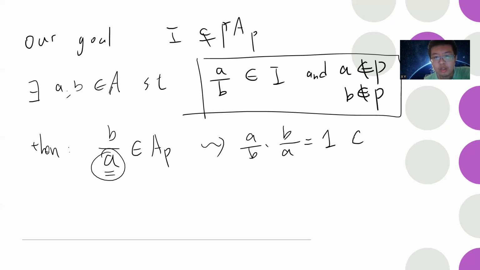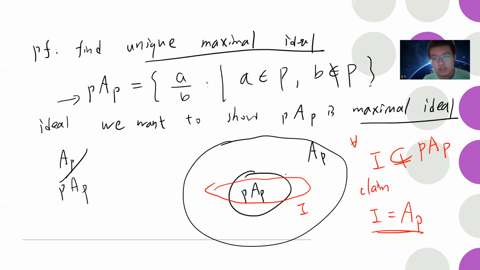Okay, so 1 will be inside I. Okay, so an ideal which contains the unit tells you that I must be the whole ring. Okay, so I will be A_P.